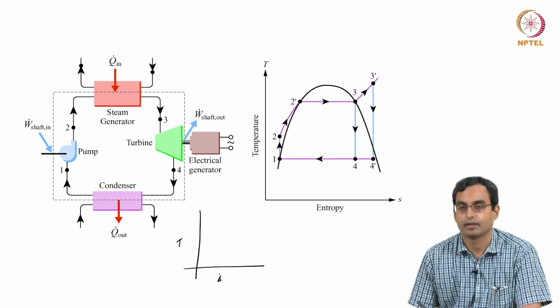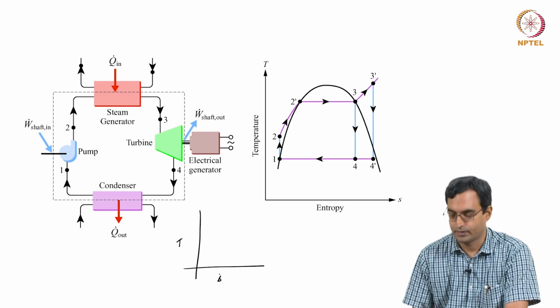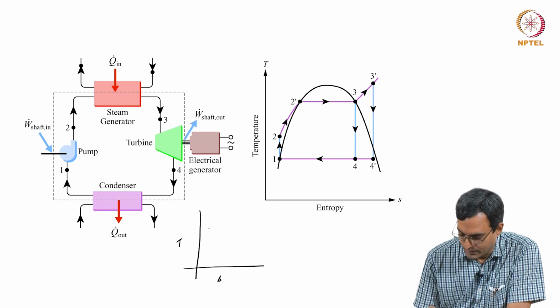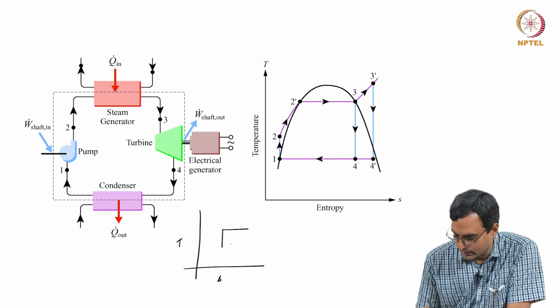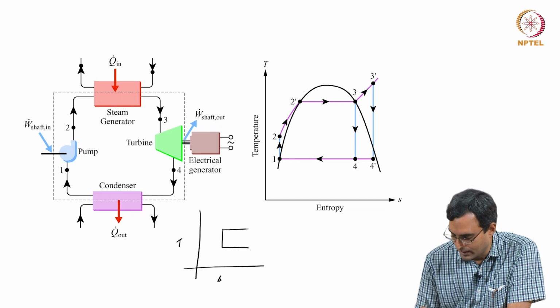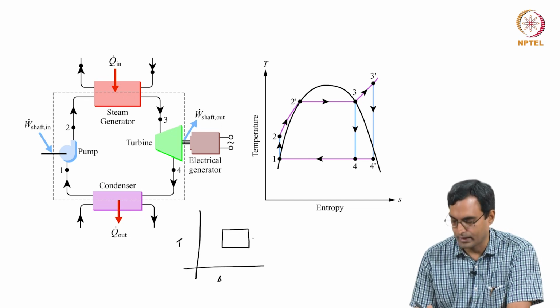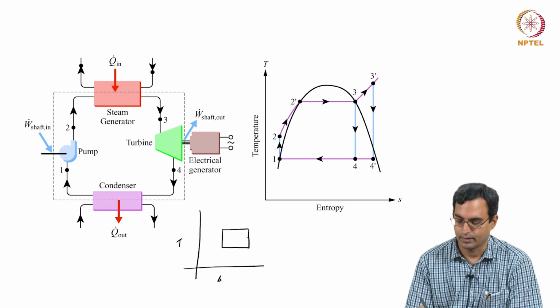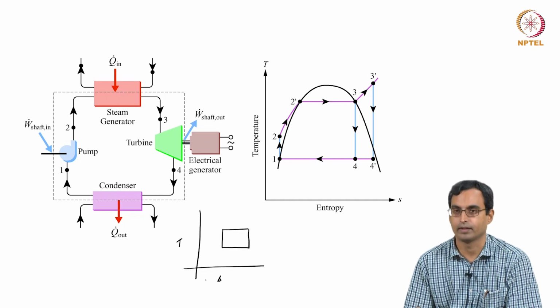We discussed that the Carnot cycle is essentially the most efficient of the cycles from the Carnot's theorem and the second law. So, the Carnot cycle consists of two isothermal processes, this one and this one, and two reversible adiabatic or isentropic processes, this and this, which are supposed to be straight lines parallel to the T axis.